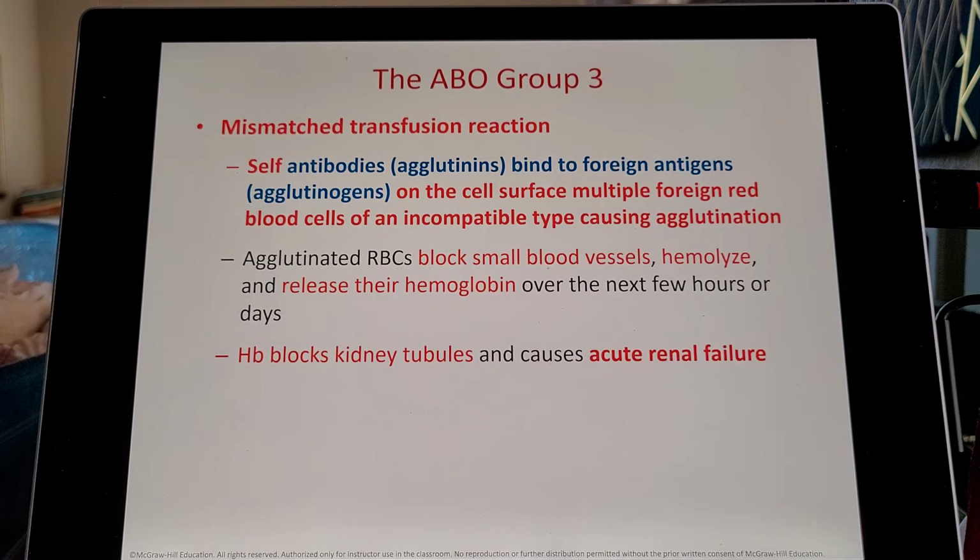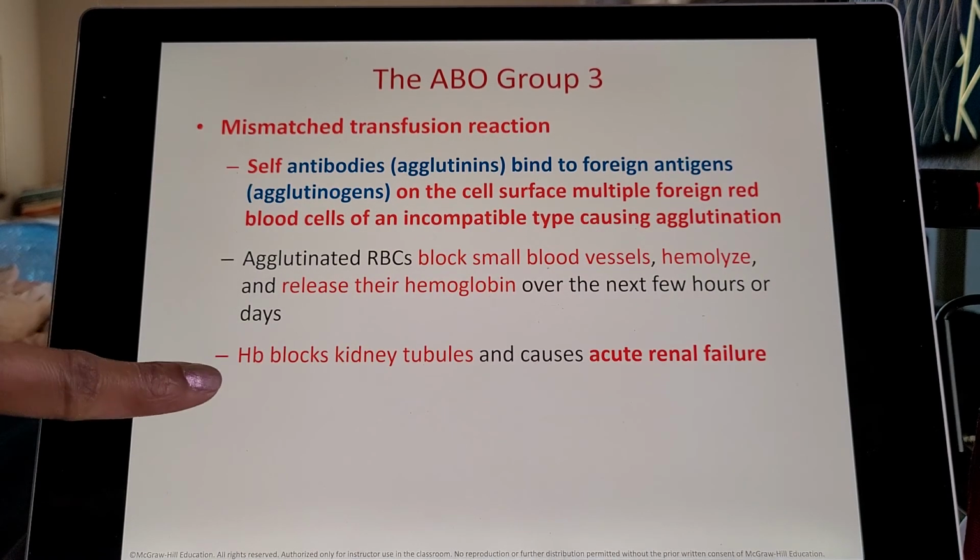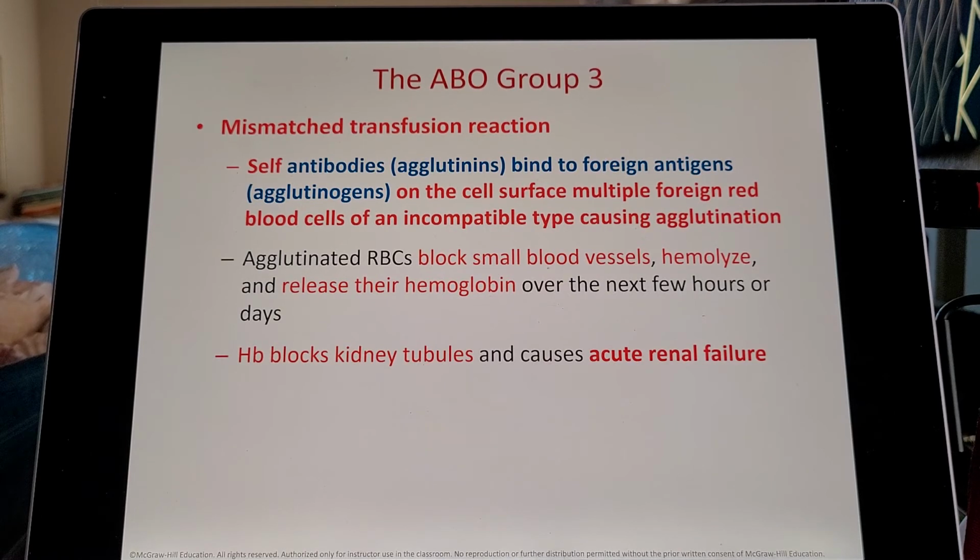So as it circulates, some of your blood vessels are fine, but then that big chunky protein, hemoglobin, gets to really small structures. We'll talk about this again in the exam 9 section, dealing with the kidneys and urine production. Those big chunky hemoglobin molecules, as they get into the really tiny structures of your kidneys, could block those and cause renal failure.